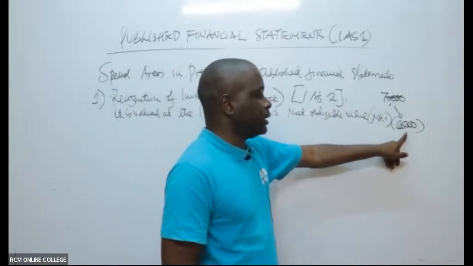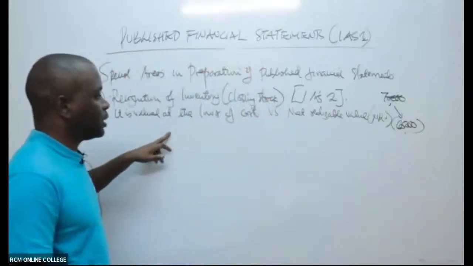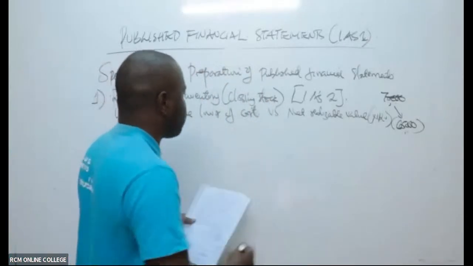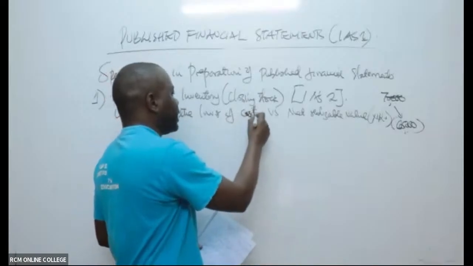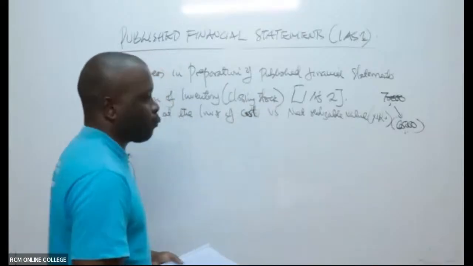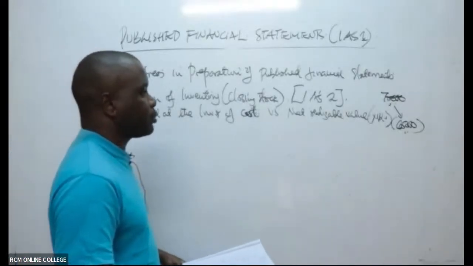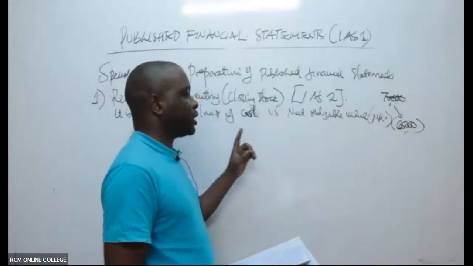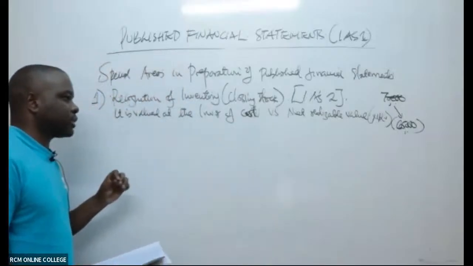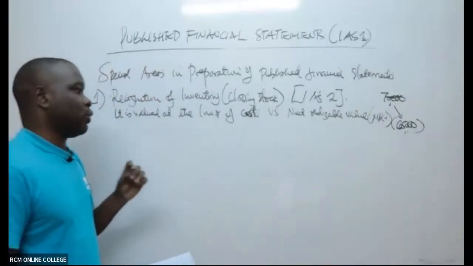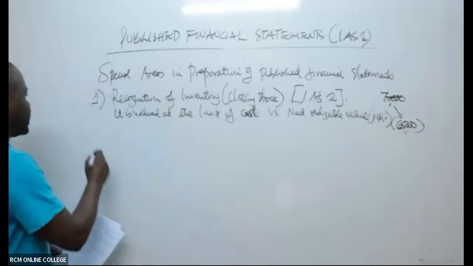This is NRV, because you take the lower of cost and net realizable value. This is the closing inventory used in the balance sheet, and it is also used when determining the cost of sales.